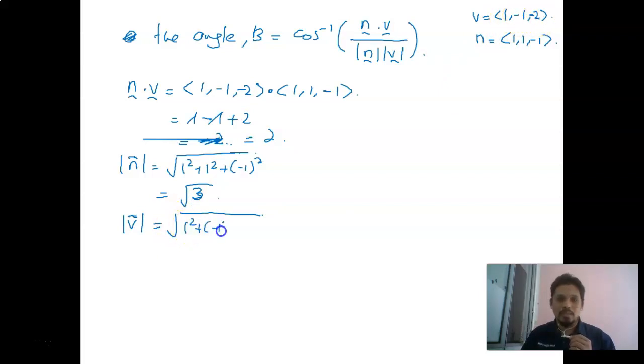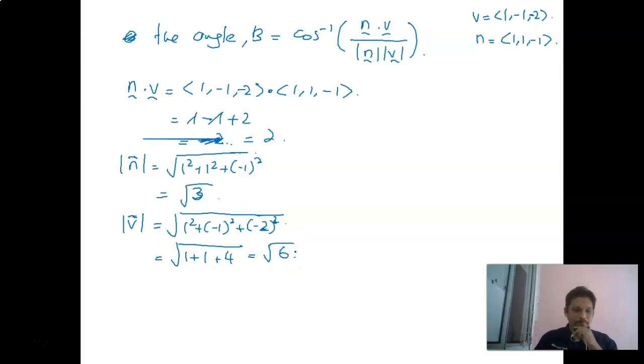So square root of 1 square plus negative 1 square plus negative 2 square, so it's square root of 1 plus 1 plus 4. That is square root of 6. Okay, so then now the n dot v equal to 2.